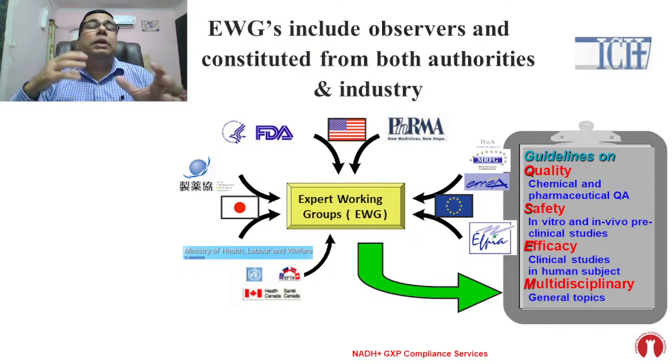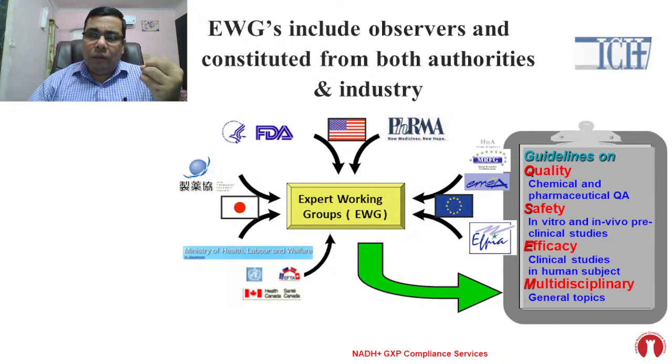So this is the novelty of the ICH guideline, that it is not only drafted by the regulatory authorities, but it is developed by the expert working group, where they take input from industrial experts also.